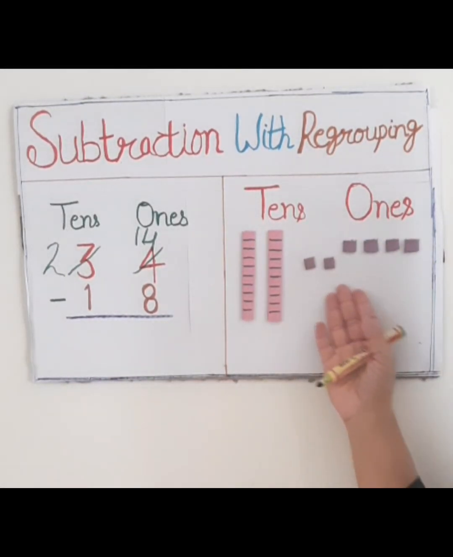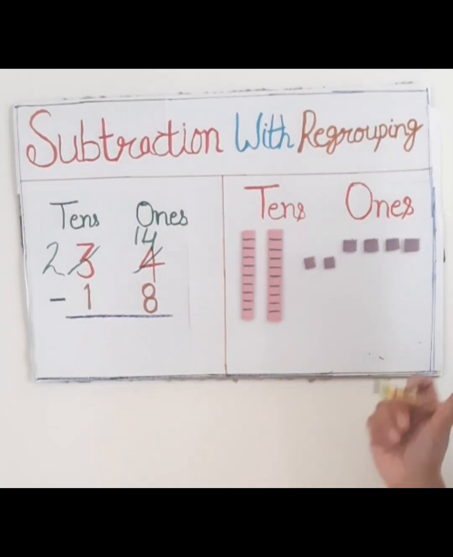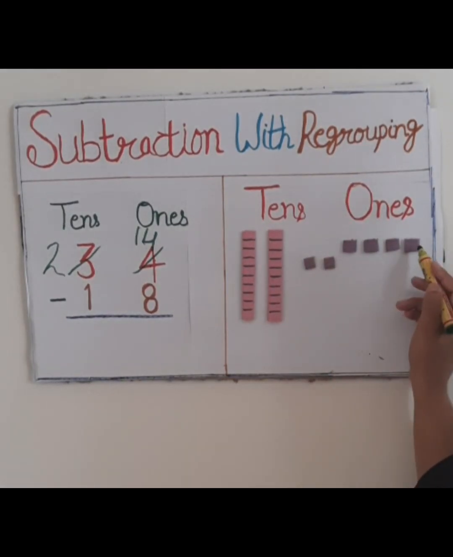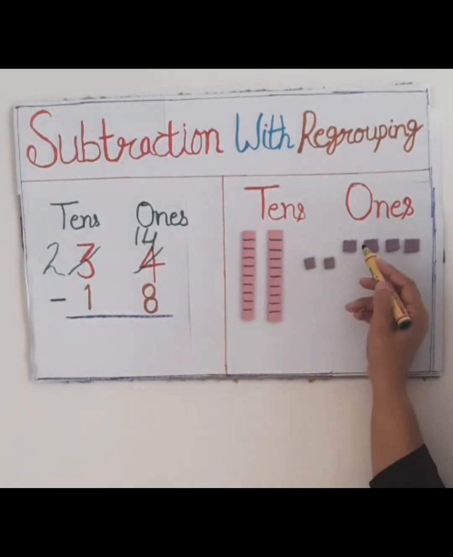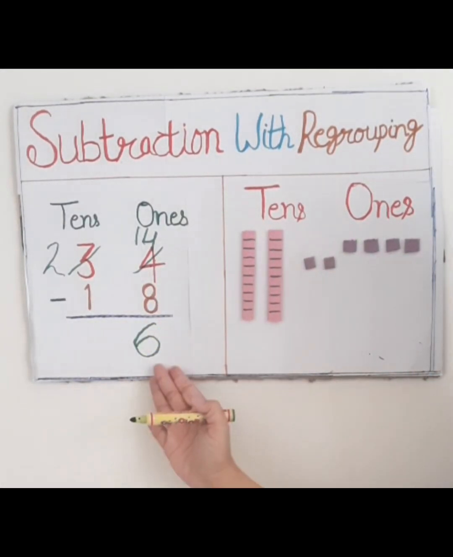See, kids, I have removed 8 ones from 14 ones. Now how many are left? You can count 1, 2, 3, 4, 5, 6. We have 6 ones. So on the ones place we will write here 6.